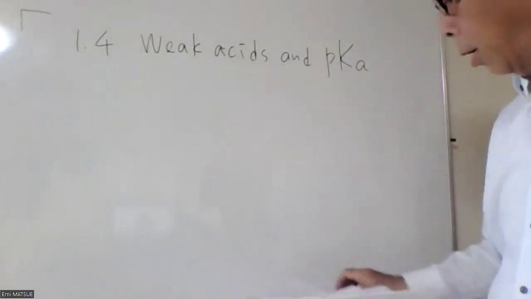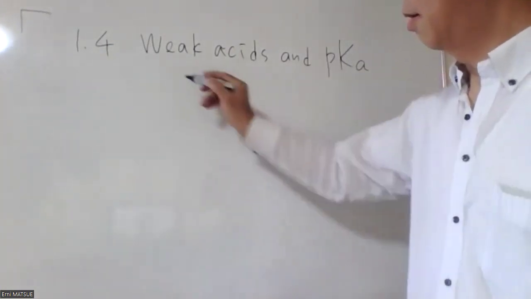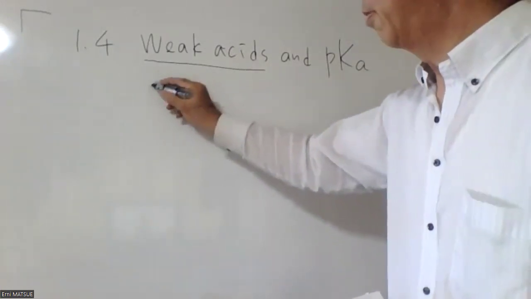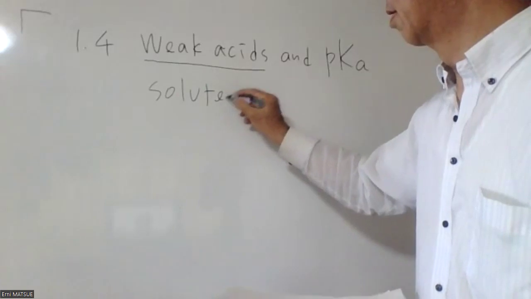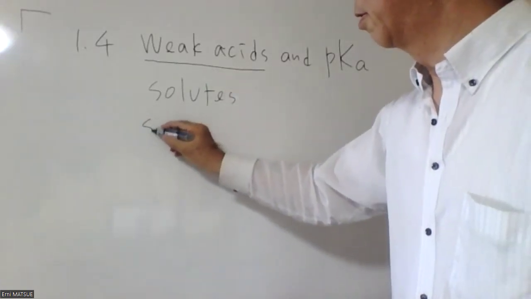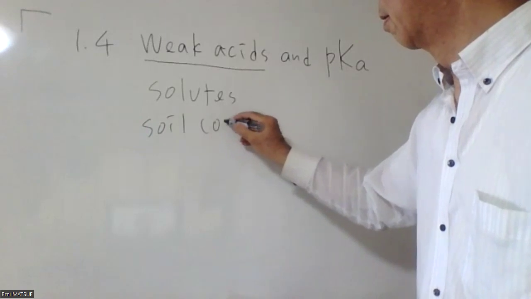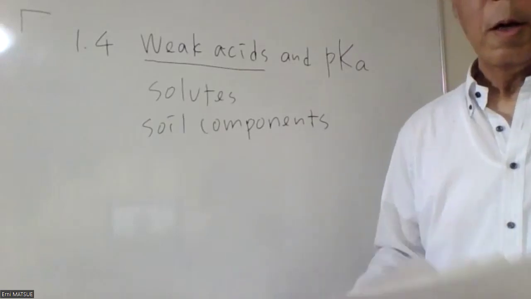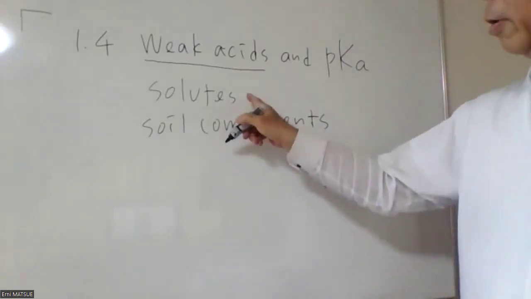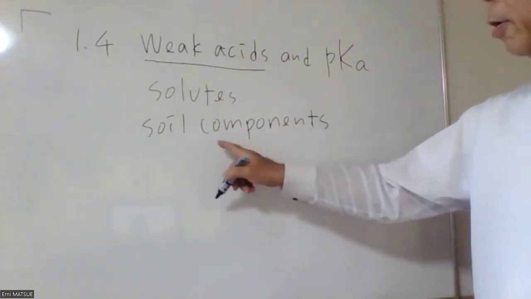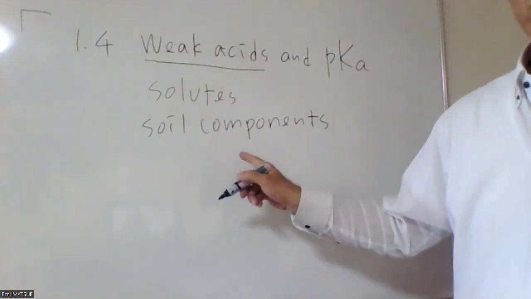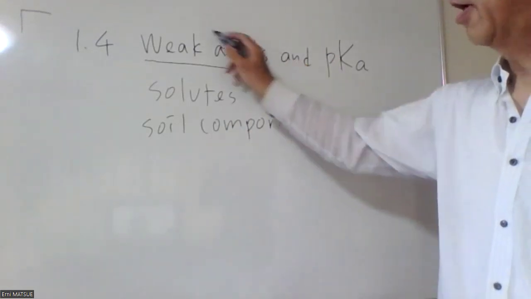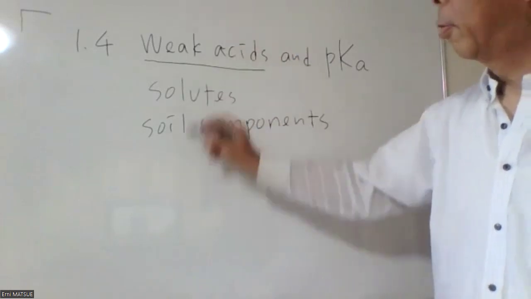Weak acid and pKa. Weak acid is very important because many solids in the water and soil components, such as clay minerals and humus, have weak acid functional groups.